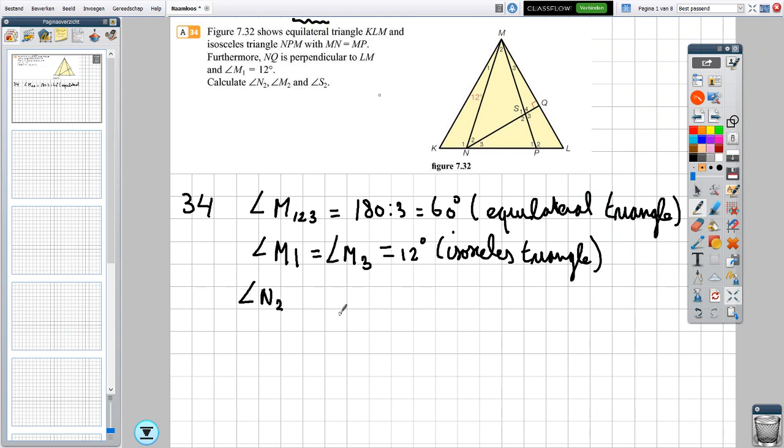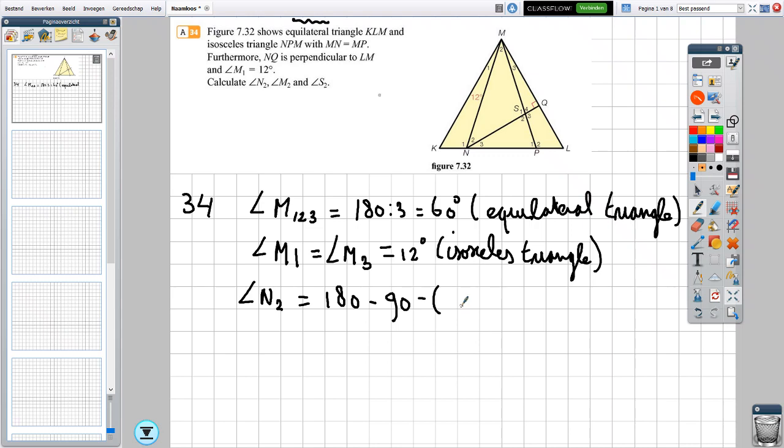If I want to calculate N2 first, I am going to need angle M2, 3, because then I can use the angle sum method in triangle NQM, which is 180 minus 90 degrees, that's my angle right here, minus angle M2, 3.